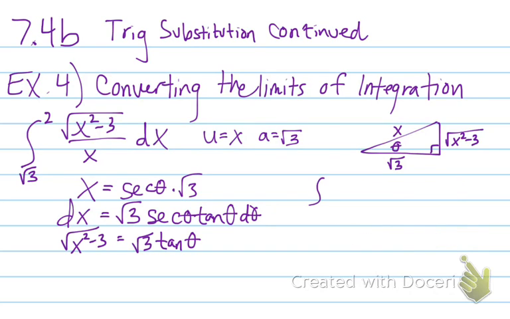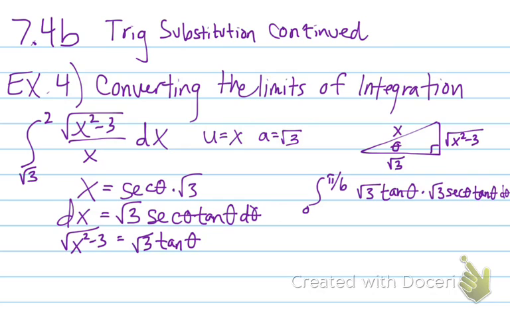I have the integral from 0 to pi over 6. The square root of x squared minus 3 equals the square root of 3 tangent theta. dx equals the square root of 3 times secant theta tangent theta d theta.